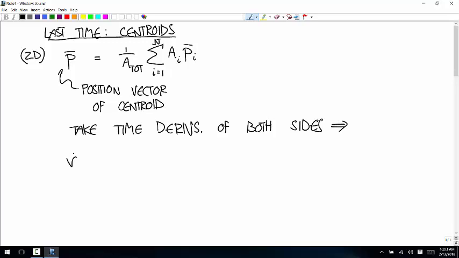So the velocity of the centroid is equal to 1 over the total area times the sum of the ith area times the velocity of the ith centroid.